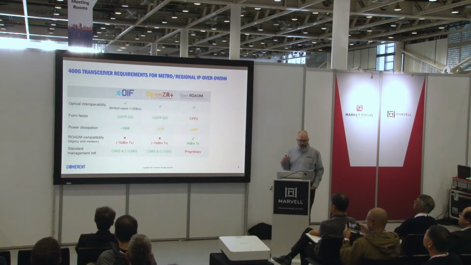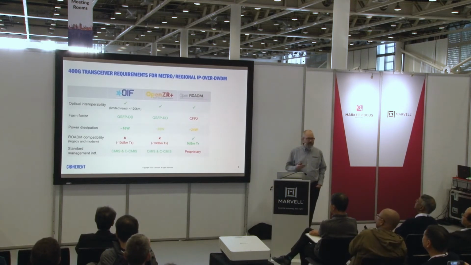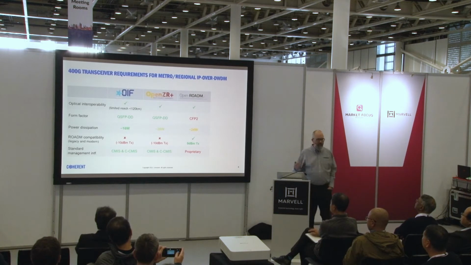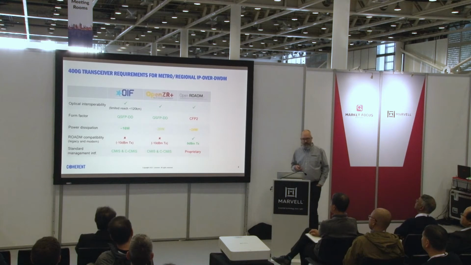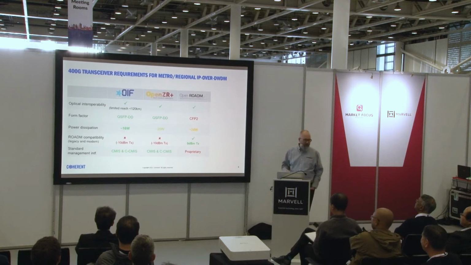So in a metro environment, what are really the requirements to enable this? There are 3 standards out there today for 400 gig DWDM optics. There's the OIF 400ZR spec that was really developed for point-to-point DCI applications.